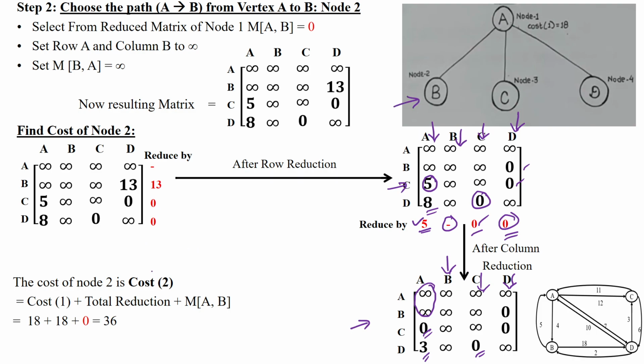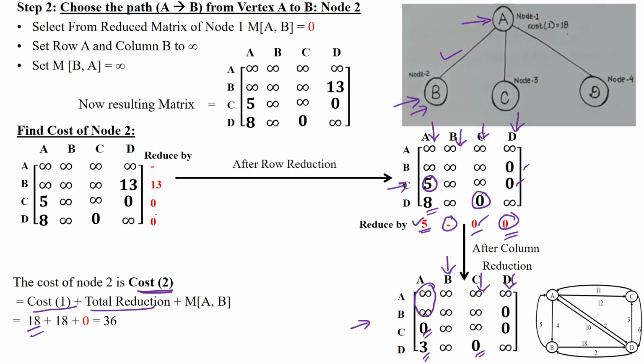Now we have to calculate the cost of node B. We already spent 18 units of cost from A to B. So 18, that is the cost of node 1.